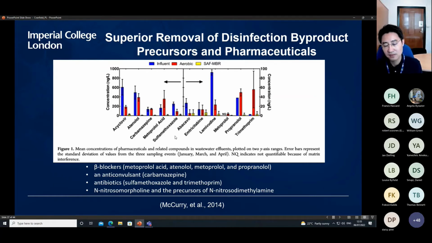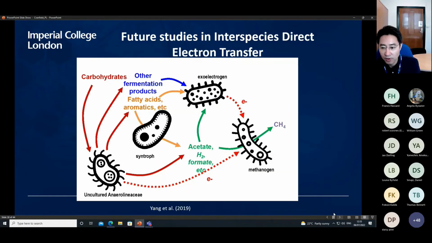So the hypothesis would be that it can be adsorbed first, but because we have biofilms, the bacteria slowly eat up those pharmaceuticals as well. And a quite interesting thing is that we just reported Geobacter here with acetate, right? And Methanothrix, they do DIET. But we also have hydrolysis bacteria and other fermentative bacteria.